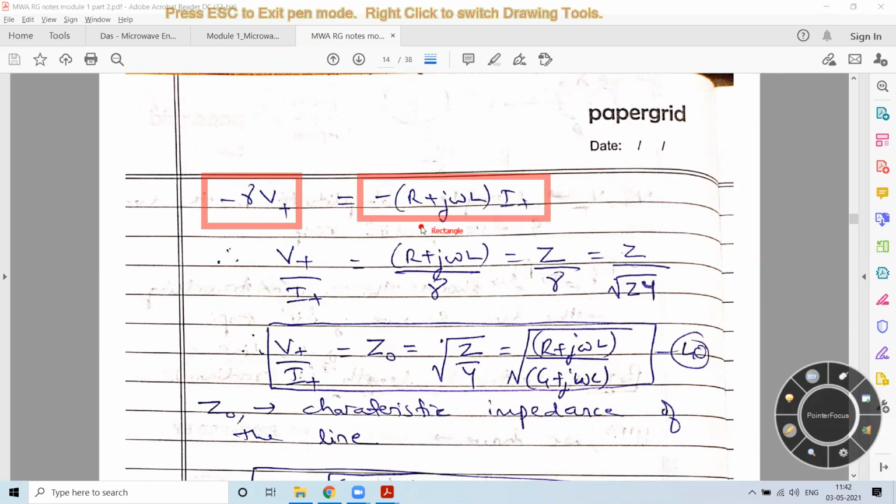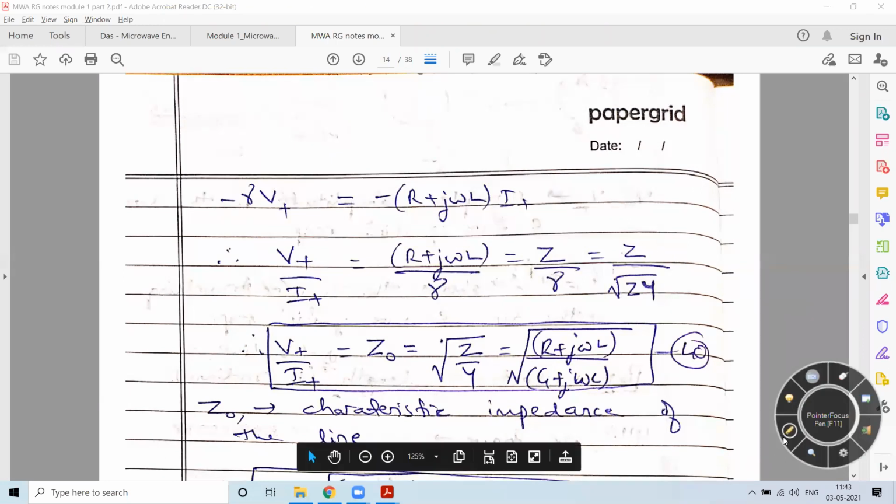Now I take gamma to the other side and I plus to the other side, so I get V plus divided by I plus, the minus signs get cancelled, so I have R plus j omega L divided by gamma. But what is gamma equal to? Gamma is given by square root of Z into Y. And what is R plus j omega L? R plus j omega L is equal to Z, that is the impedance. So now here I simplify this equation.